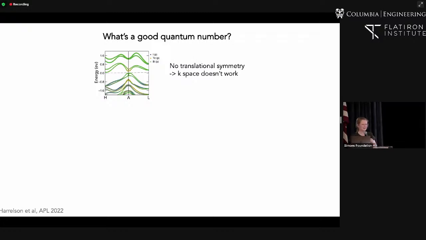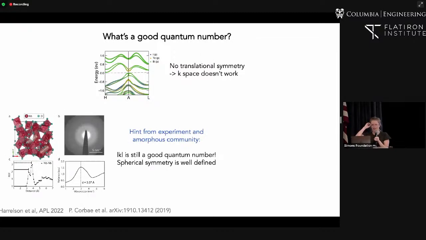So we've thrown out translational symmetry, and I've spent the last 20 minutes pointing at band structures and telling you this is how we look for topology. But if we don't have translational symmetry, then our k quantum numbers aren't good quantum numbers anymore. So what is a good quantum number when we have an amorphous material? And actually, we should listen to experimentalists, right? They told us what the good quantum number should be, because that's how they measure amorphous materials.